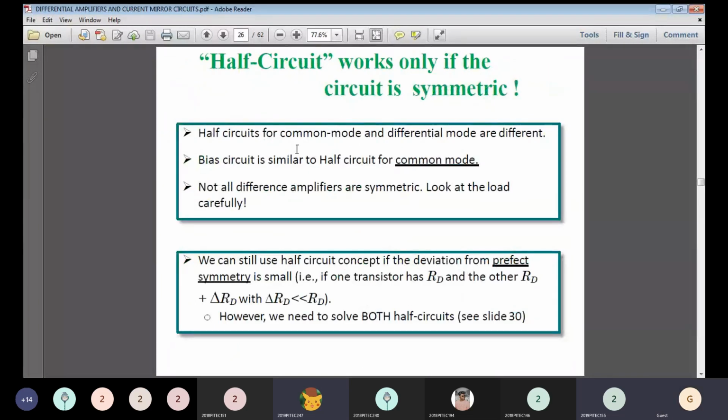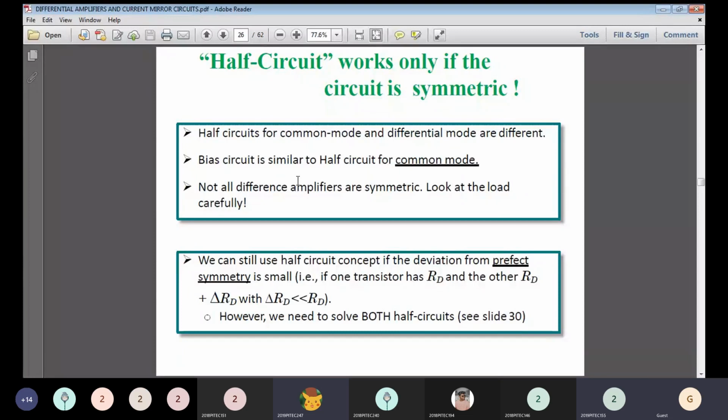You may have this doubt, and in everyone's mind this question will arise: a half circuit works only if the circuit is symmetric. Half circuits for common mode and differential mode are different. The bias circuit is similar to the half circuit for a common mode.